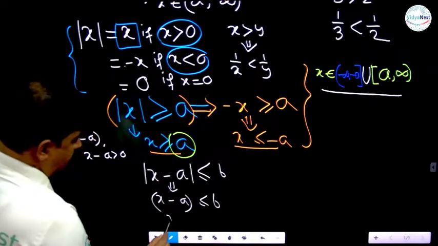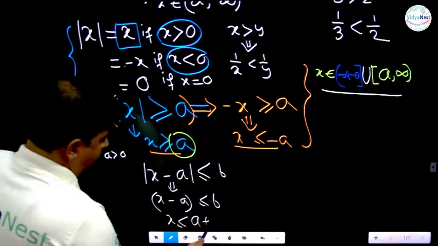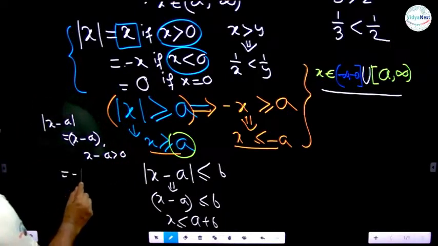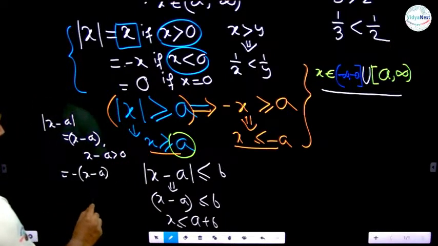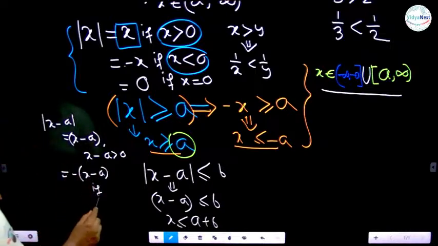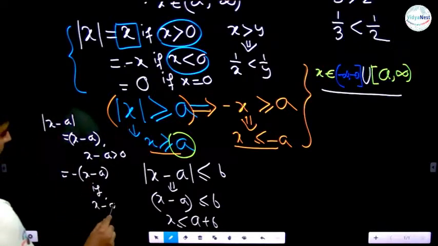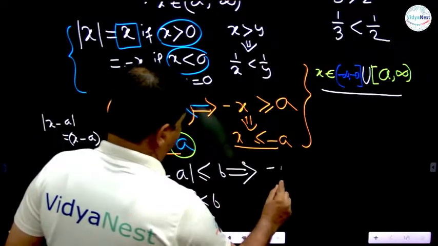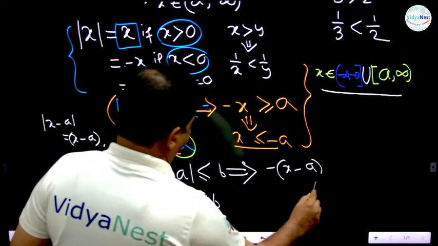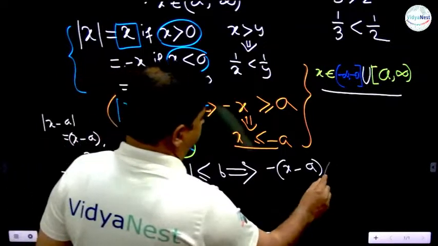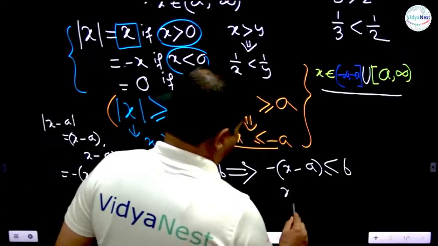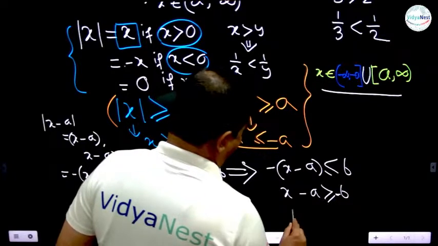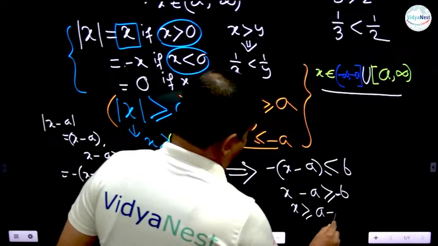In that case, x less than a plus b. Now it has a negative value also. Actually its absolute value is positive, but we can proceed in this way. So x greater than or equal to a plus b.